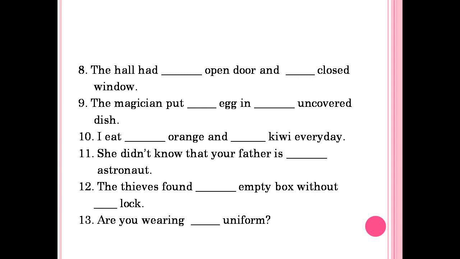The thieves found dash empty box without dash lock. Empty, E sound, which is a vowel sound, so an, and lock, L, beginning with an L sound, which is a consonant sound, so a. The thieves found an empty box without a lock.